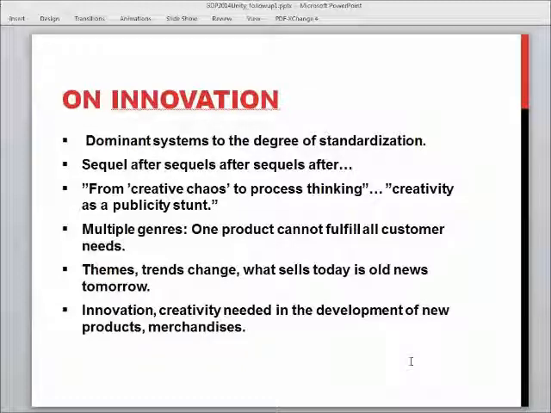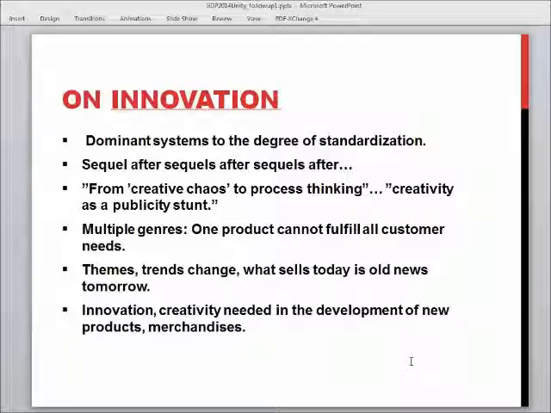But of course, there are multiple genres, and all of them more or less can support more than one product. And actually, there are enough genres that one product cannot possibly fulfill all the customer needs. You can't have a game that fulfills the simulation and strategy game and children's game or singing game genres at the same time.